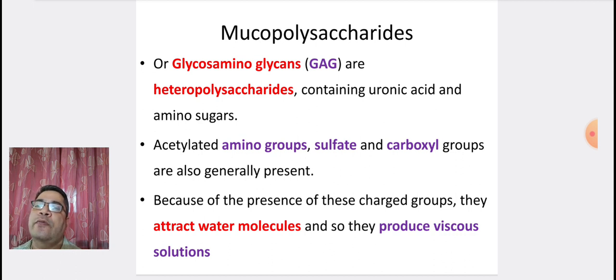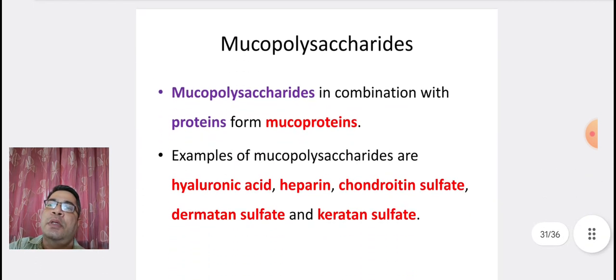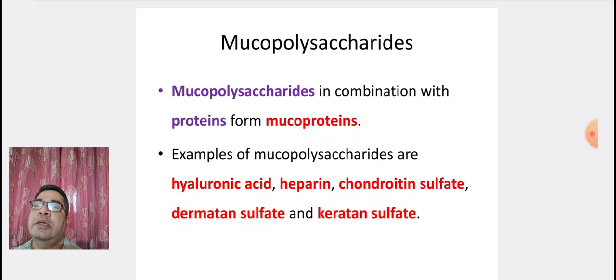Because of the presence of these charged groups, they attract water molecules and so they produce various viscous solutions. Mucopolysaccharides in combination with proteins form mucoproteins. Examples of mucopolysaccharides are hyaluronic acid, heparin, chondroitin sulfate, dermatan sulfate, and keratan sulfate.